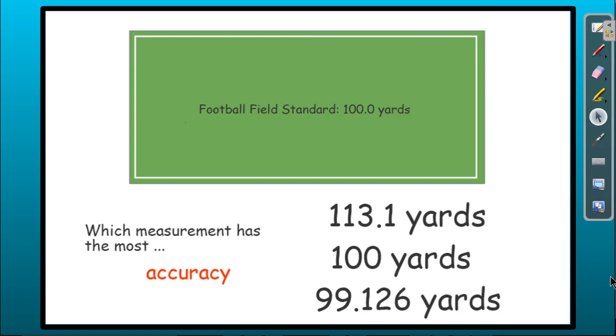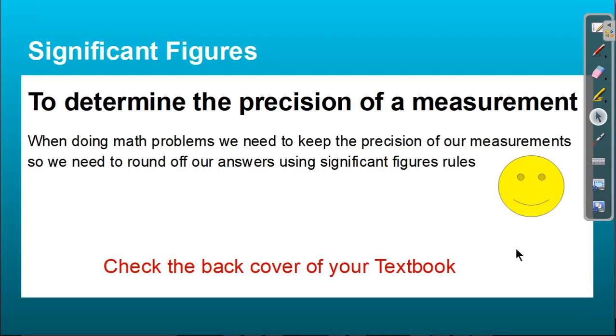I hope so. Now, significant figures. Significant figures allow us to carry the precision in our results, in our data, to our computations. And you'll see in a minute how this works. So first you're going to have to learn what is a significant figure and what is not a significant figure.